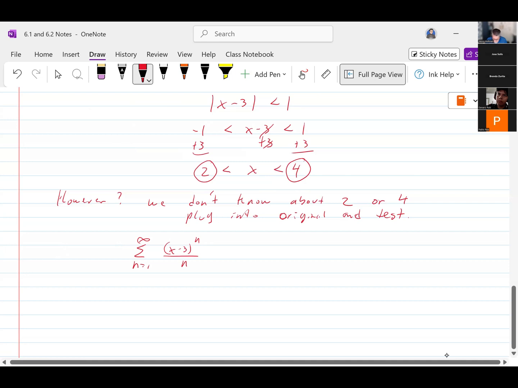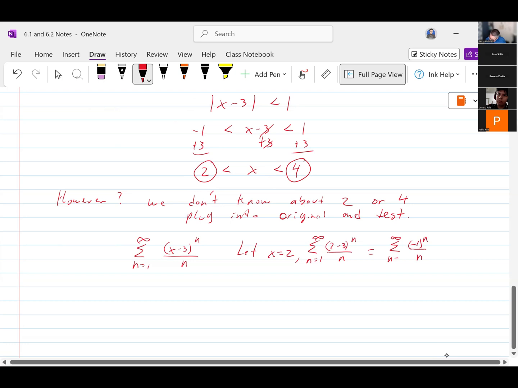Does this converge or diverge when x is equal to 2? Let x equal 2. We get the sum from n equals 1 to infinity of (2 minus 3) to the n over n, which equals the sum of (negative 1) to the n over n.